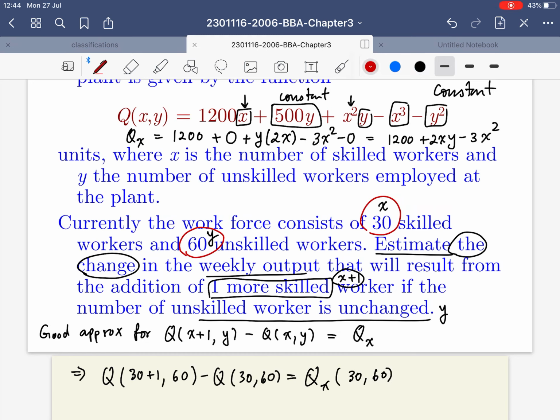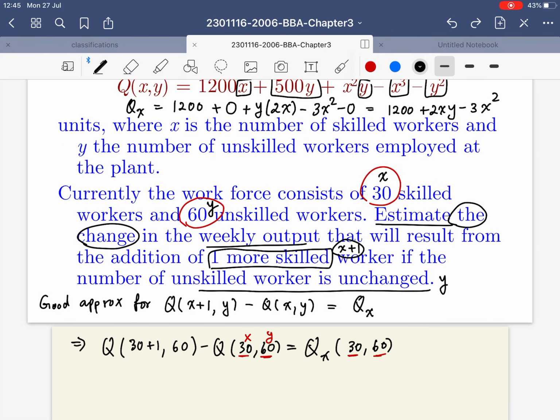This is one of the most confusing parts, because here must be x and y. So, with the approximation sign, as x is 30 and y is 60, you have 1200 plus 2 times 30 times 60 minus 3 times 30 squared.